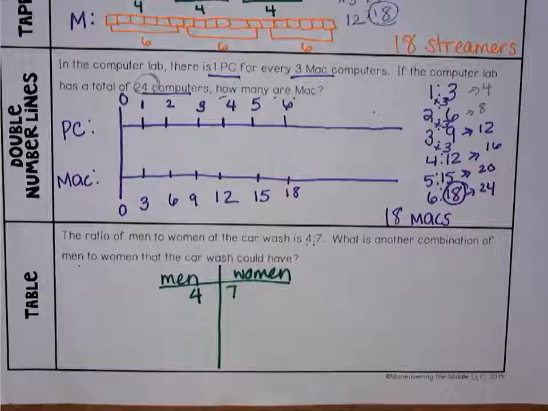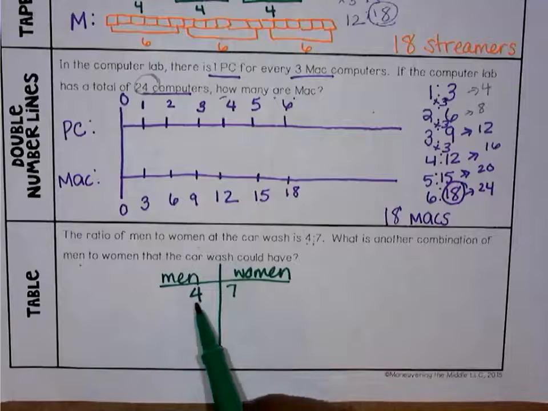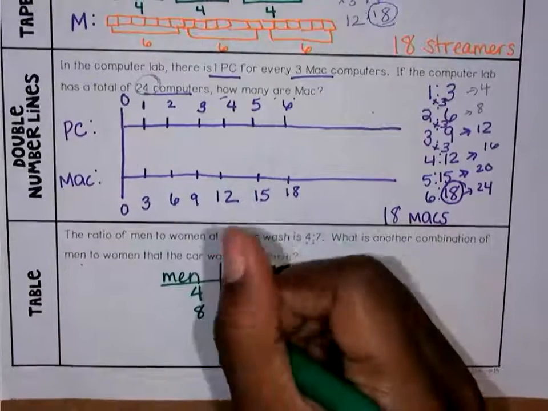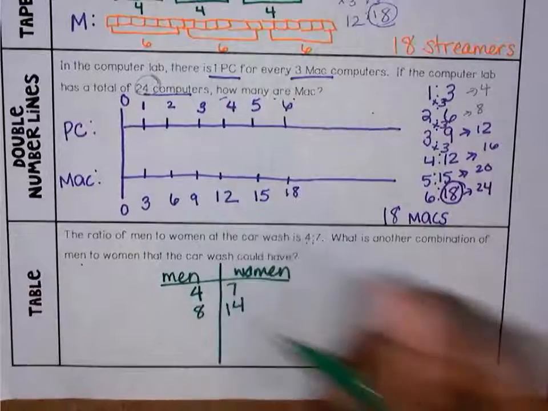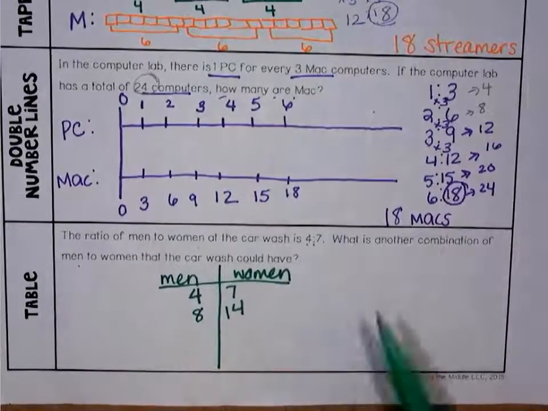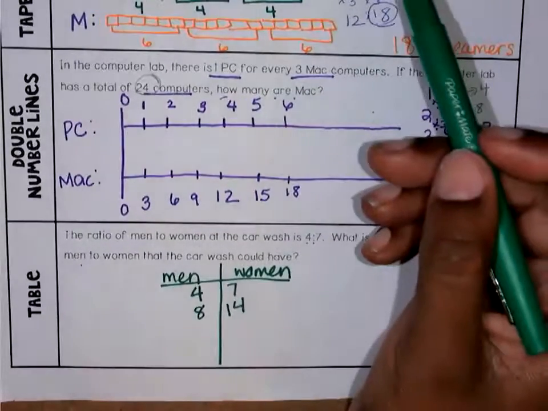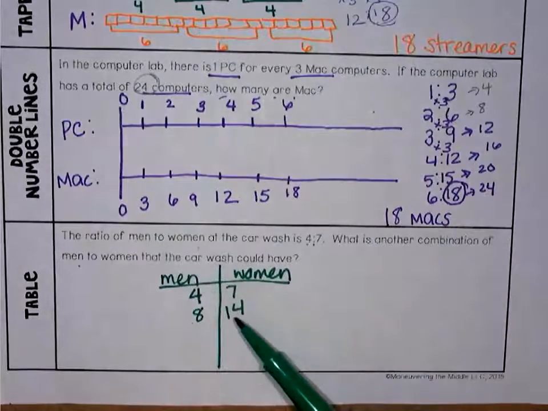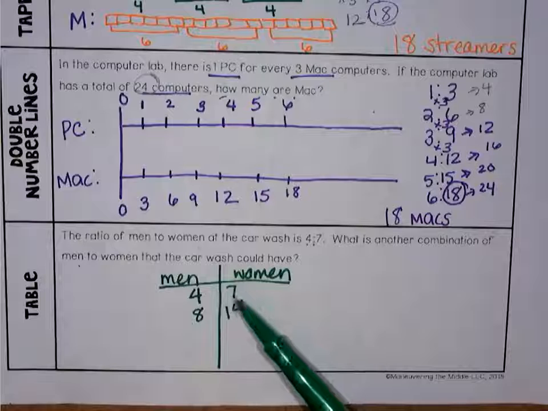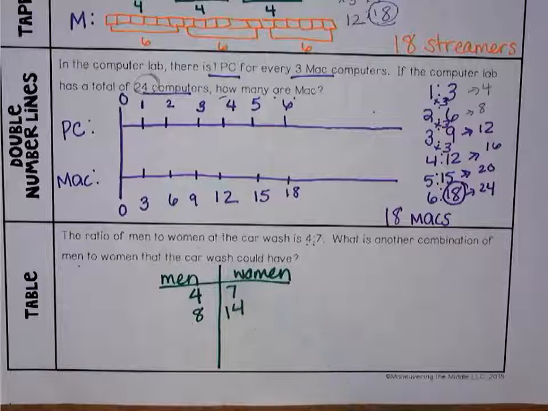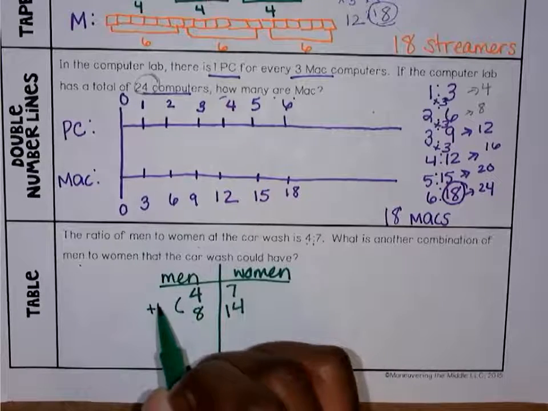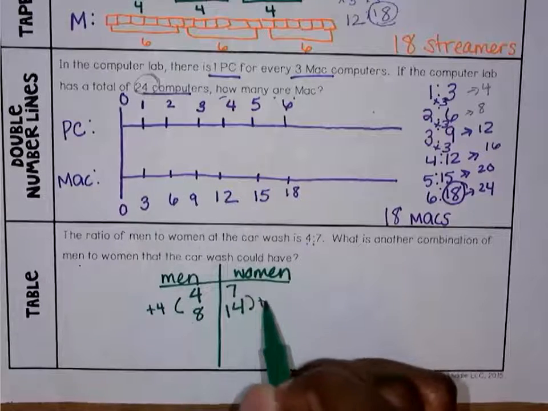All right. So think about it. Just doubling stuff. If you were to double 4, you have 8 men, double 7, 14 women. Just like we did at the top of our notes, 2 to 9, 4 and 18. When we reduce 8 to 14, you will get 4 to 7, your original answer. So as I see, from here to here is plus 4, and here to here is plus 7.